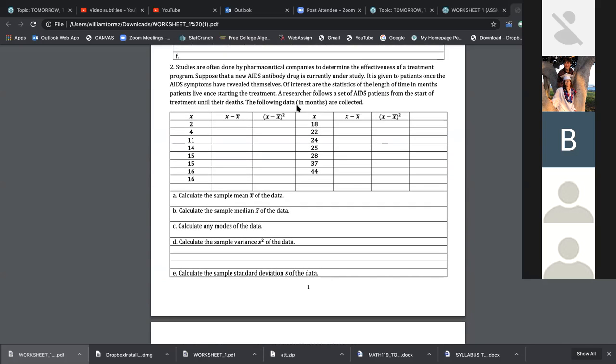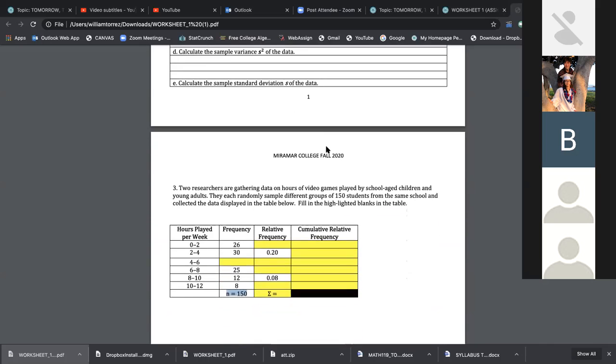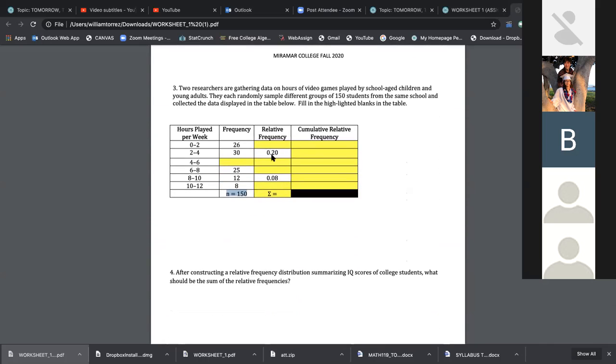What decimal place do you want us to round to? Most of our examples, we can get away with no more than 2 or 3 decimal places. I did mention that when you add up your relative frequencies, you'll get a number that may not be equal to 1. It just depends on how you round.